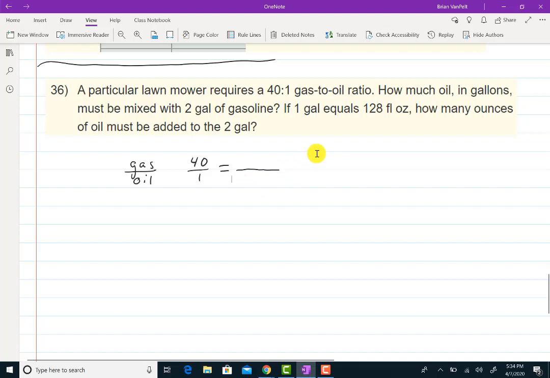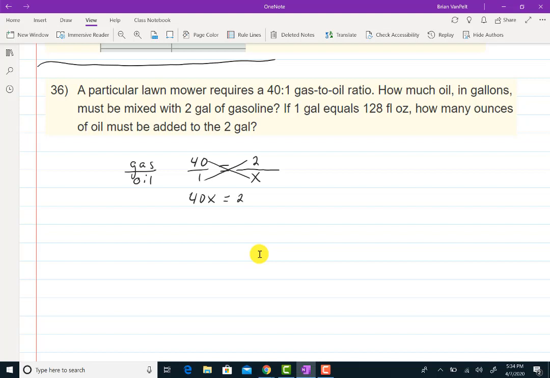So I want how much oil in gallons must be mixed with 2 gallons of gasoline. So I've got my gasoline, and I don't know how much oil, so I'll put an x in there. Multiply through, and we get 40x equals 2.